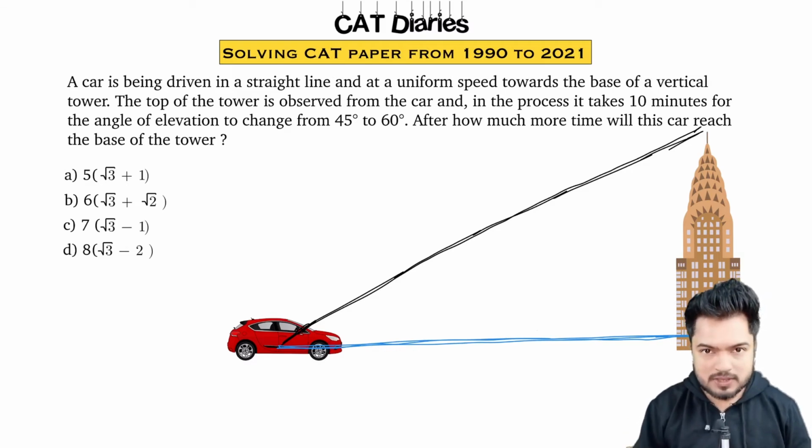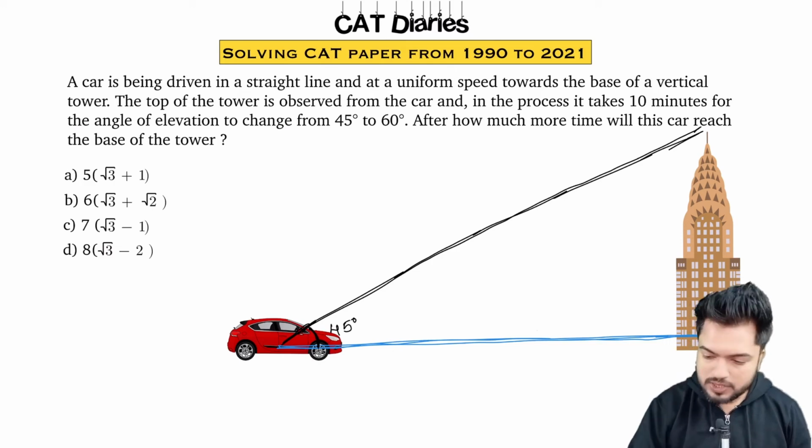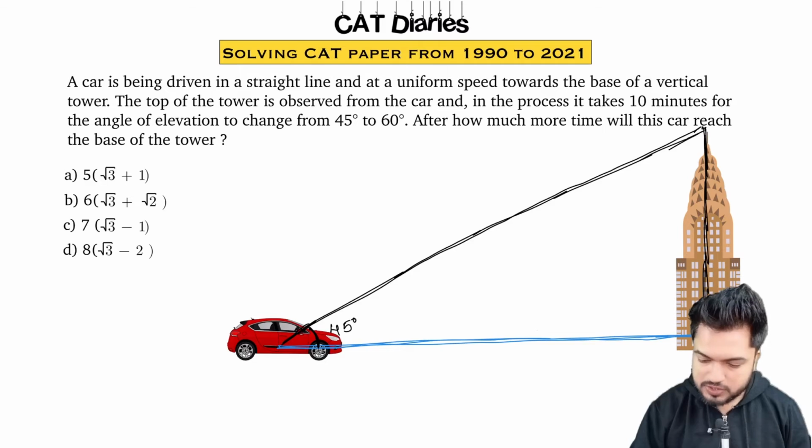Elevation means looking from the bottom and elevating it to see at the top. Okay, this is the angle of elevation, seeing at the top. So like this. So it is able to see this at an angle of 45 degrees. So 45 degrees is the angle of elevation. So I would say, let's say this is the height of the tower. Okay, that's how I draw it.